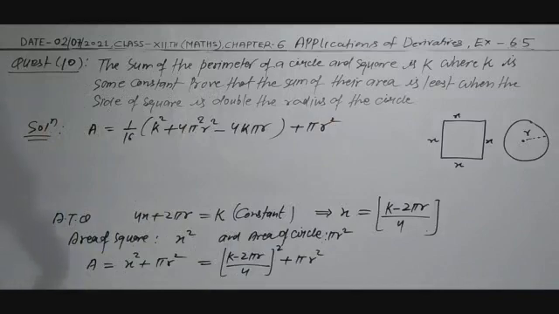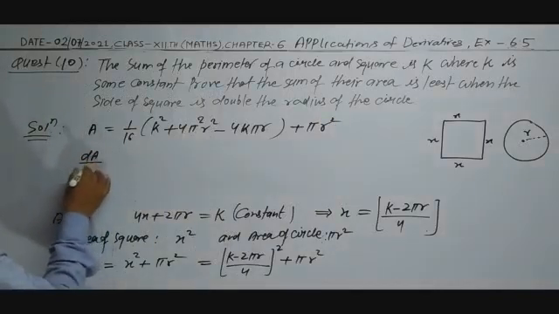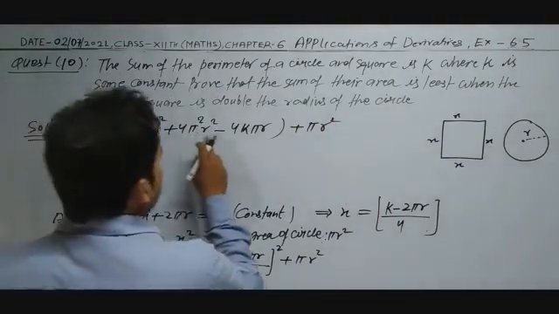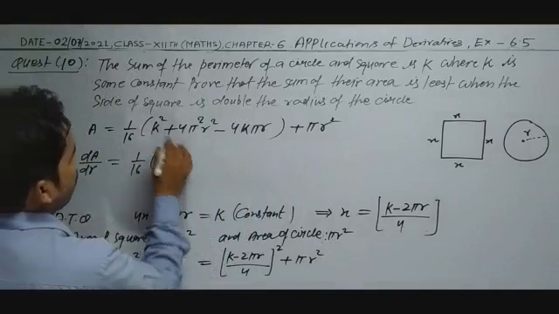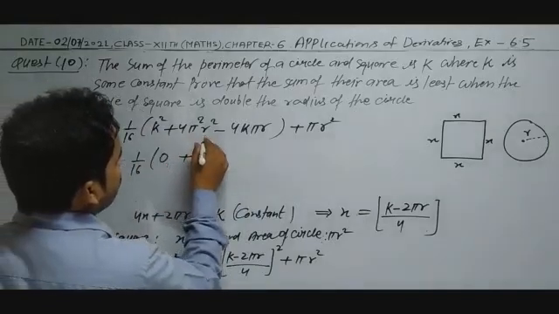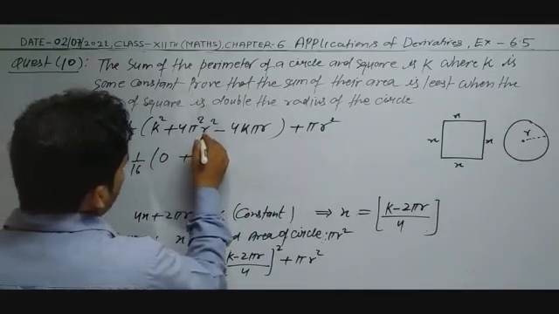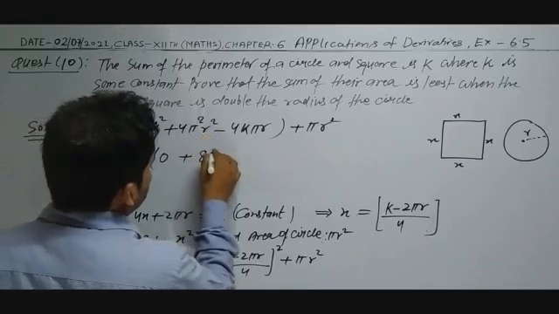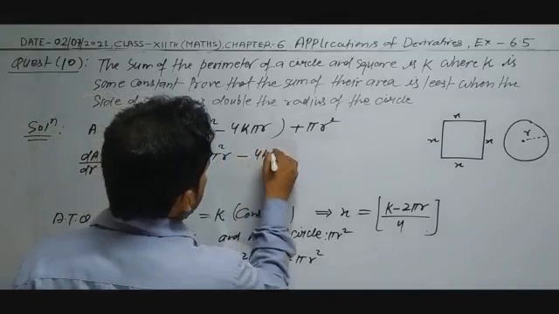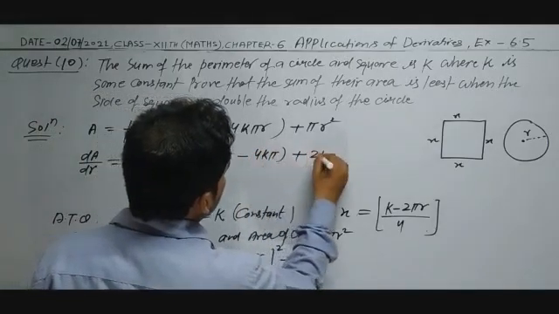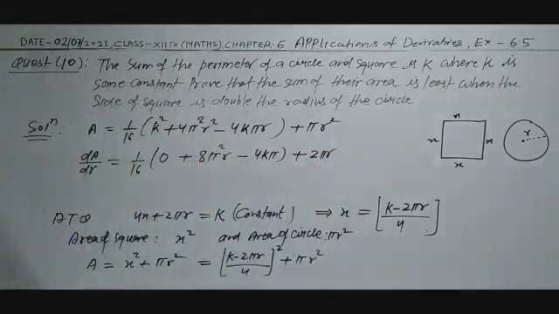So now differentiate dA upon dr, k is constant. So result will be 1 by 16, in bracket this will be 0, and this will be 8 pi square r minus 4k pi, plus 2 pi r. So this is the value.